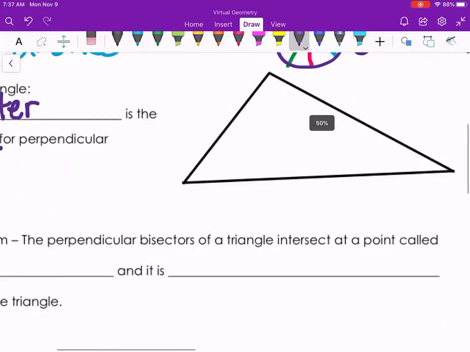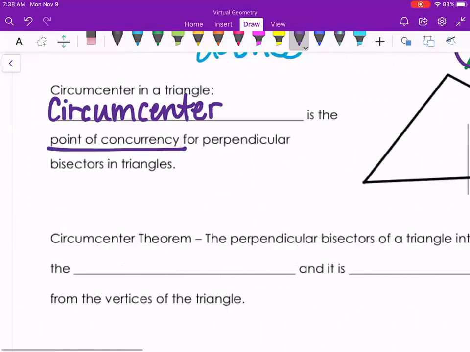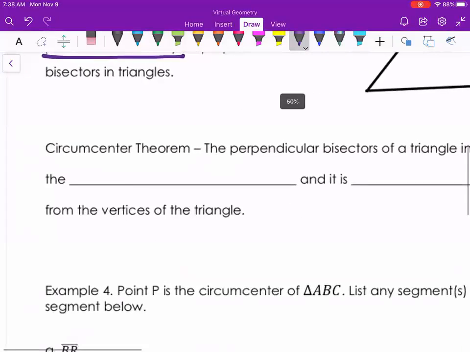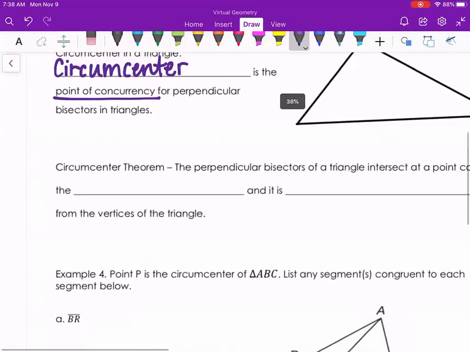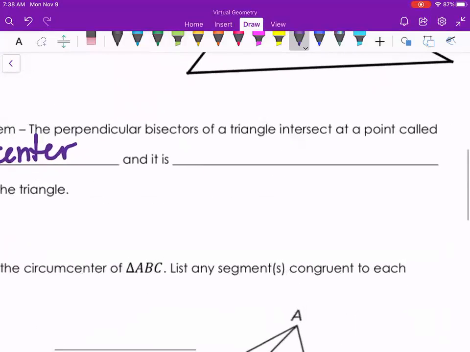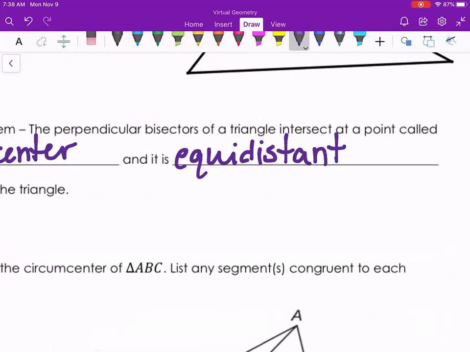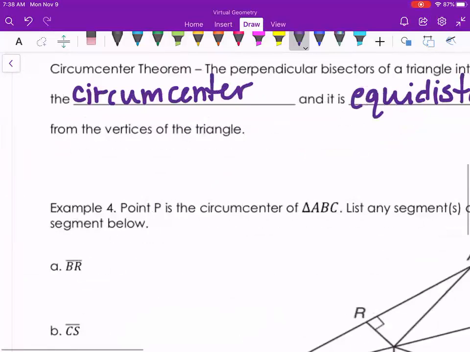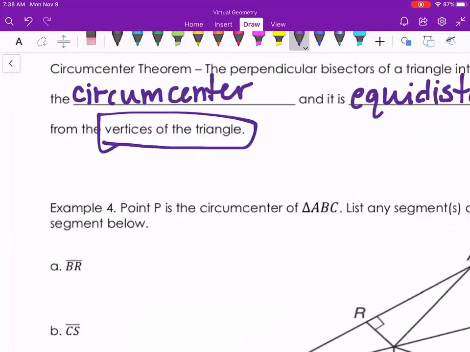Now, it's got some special things involved here when we do look at the circumcenter of triangles. So we get the circumcenter theorem. And this says the perpendicular bisectors of a triangle intersect at one point called the circumcenter, and it is equidistant, or equal in distance, to the vertices of the triangle.